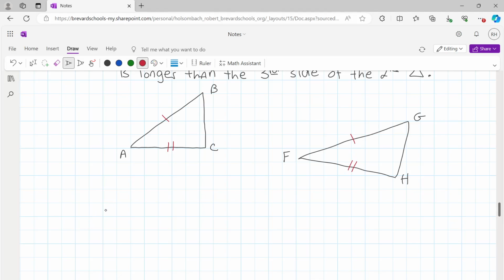The included angle, remember guys what the included angle is. It's the angle that is formed by the two congruent sides. So the included angle here is going to be angle A in the first triangle. And if we put a 43-degree measure here, and the included angle in the second triangle is angle F. And let's give it a 30-degree measure.